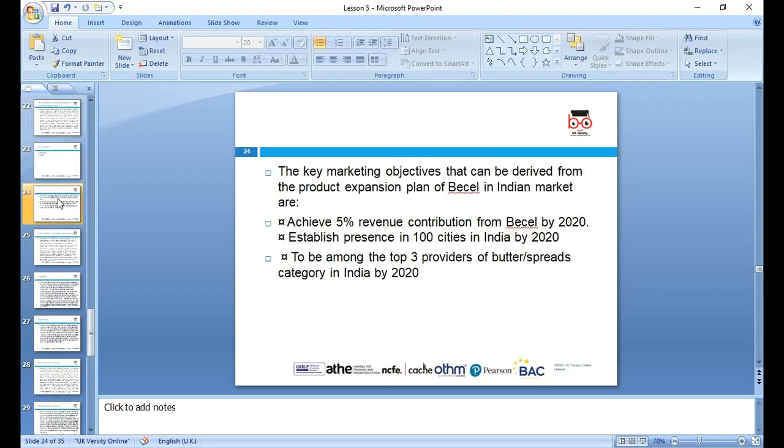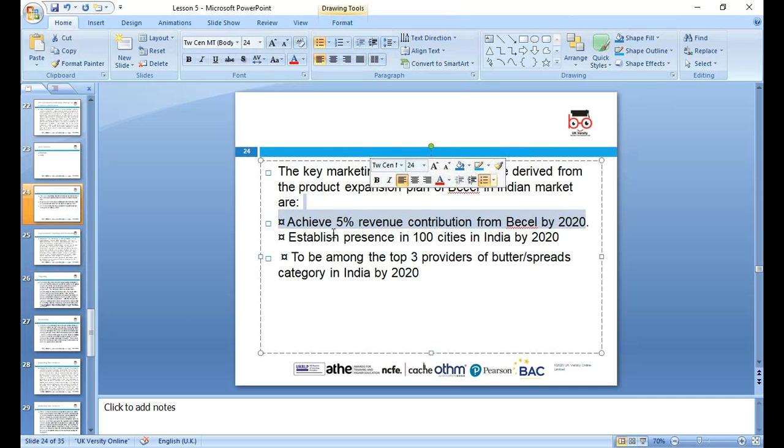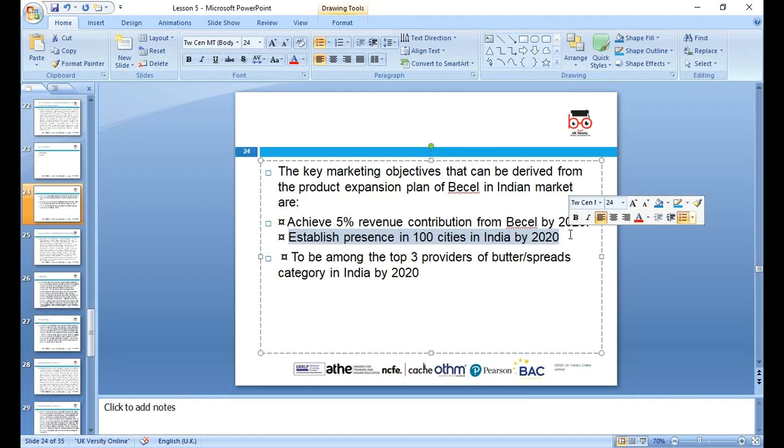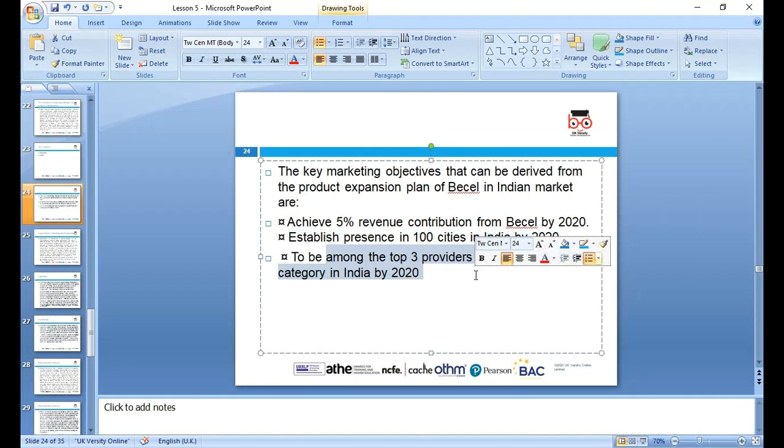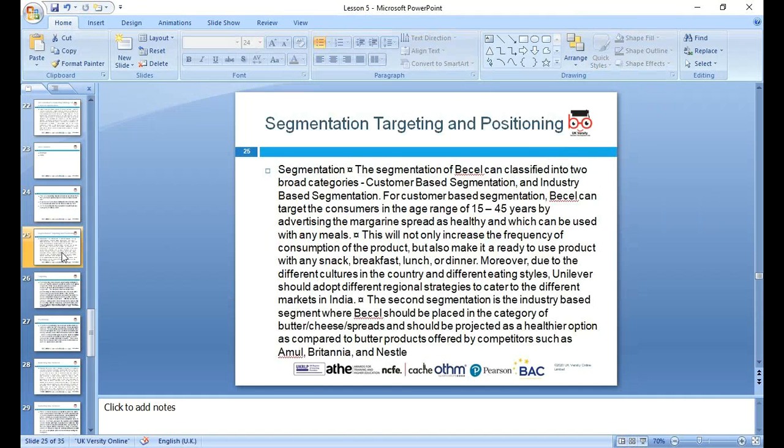Okay. Next, the key marketing objectives that can be derived from the product expansion plan: in India, achieve 5% revenue contribution from this product, establish a presence in 100 cities in India, and be among the top three providers in the butter and spread category in India.